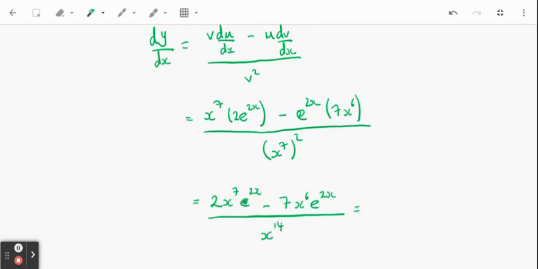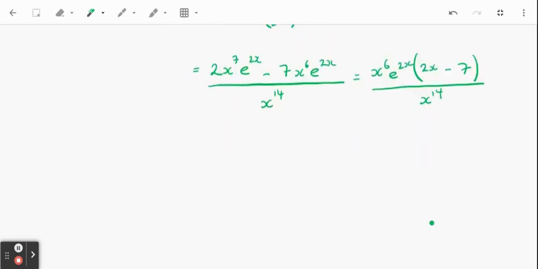And then we can factorize x to the 6 and e to the 2x. Then we have 2x on the inside, take away 7. And that's all divided by x to the power of 14.